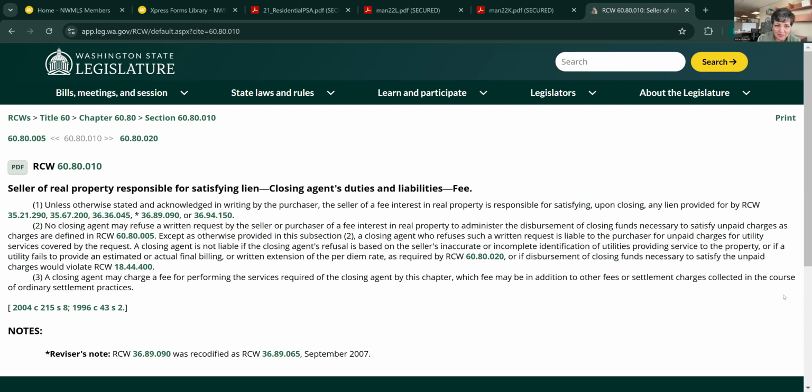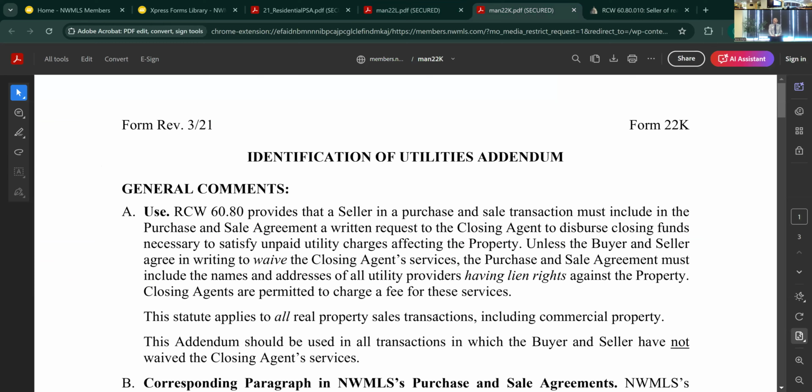Liable? I see. Basically, if you don't get the Form 22K to them and explain from the seller who all the utility companies and everything is, they don't have to settle it.